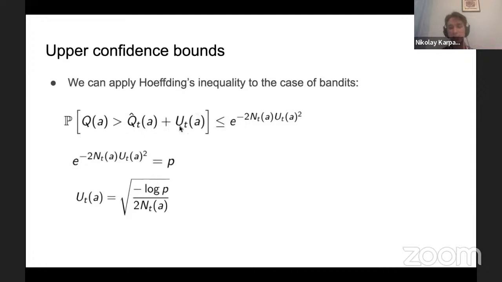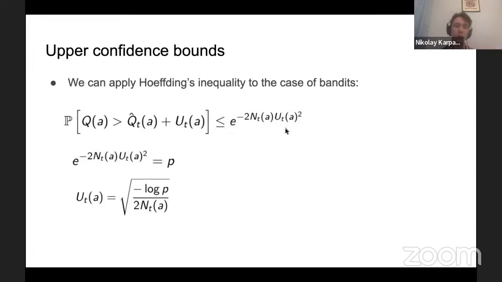So these statistics that will be used to bound the true sample mean, the true random variable mean, the true expectation, is given here as U_t. And the probability that the sample drawn from this distribution is greater than the sample version of the Q function plus these statistics can be bounded by this exponent.